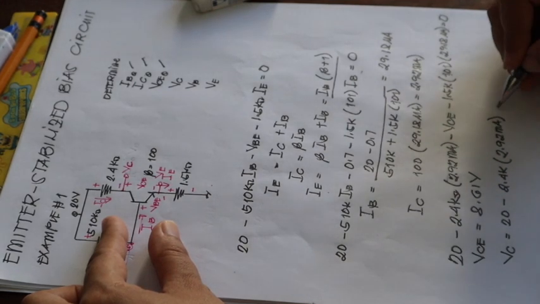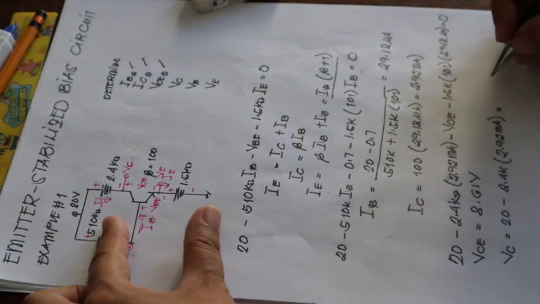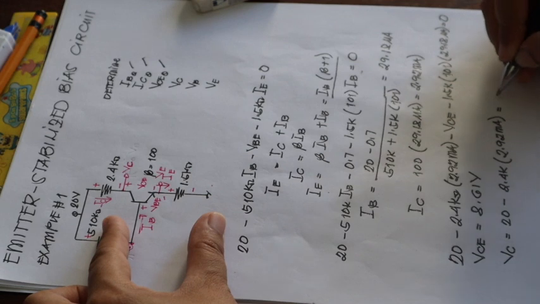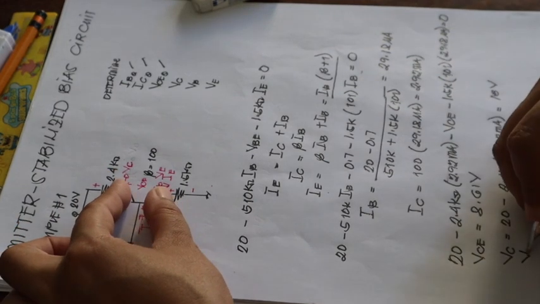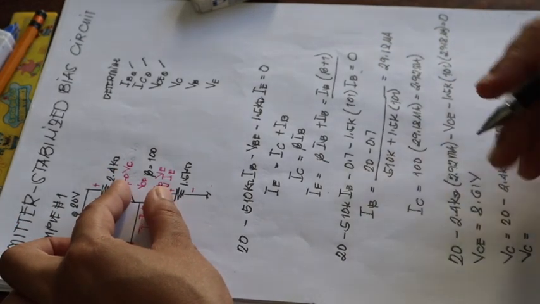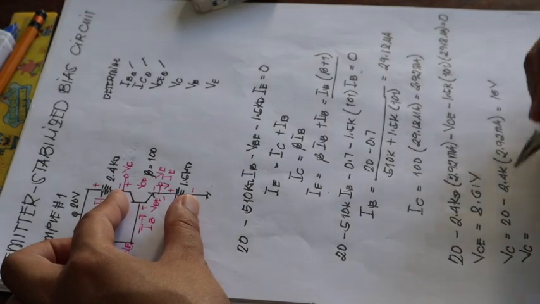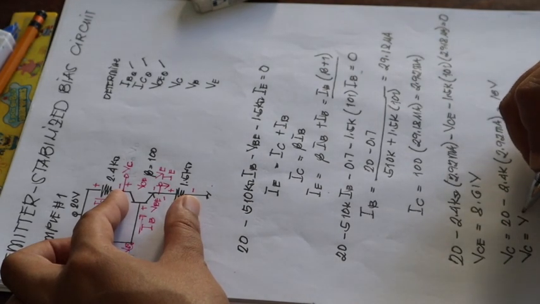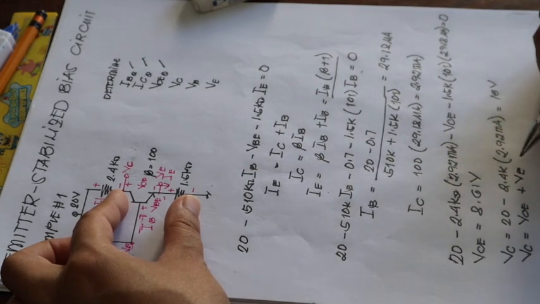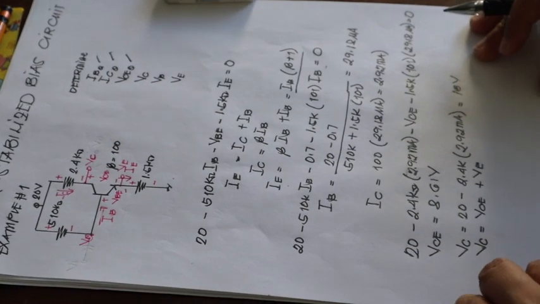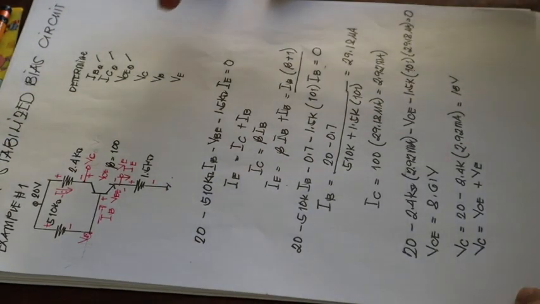So, this is equivalent to 13 volts. Pwede rin naman na VC, you try this ha, isusulat ko lang kung paano i-solve. So, VCE plus VE. Pwede rin itong solution ng VC.